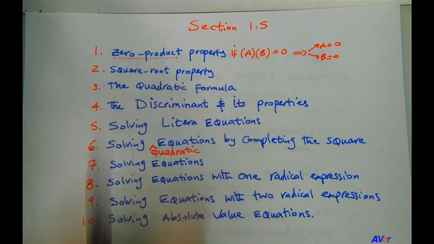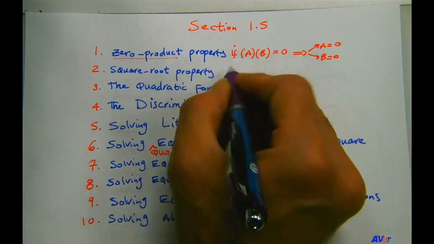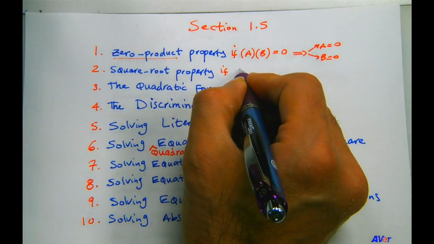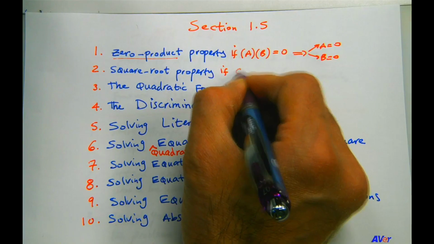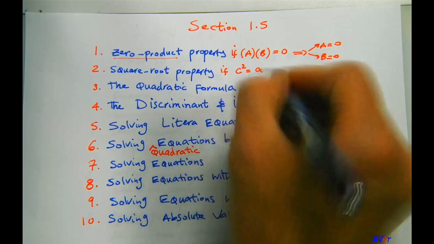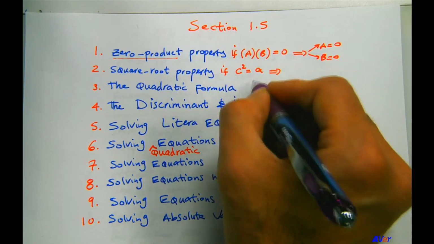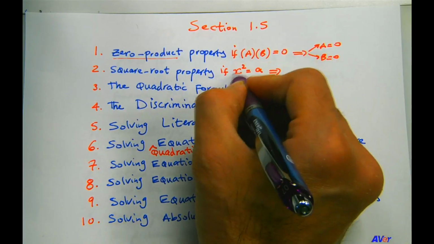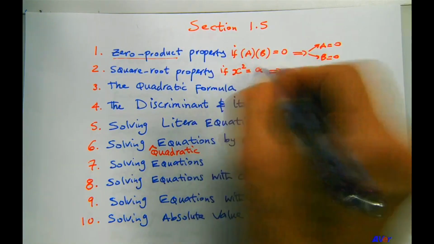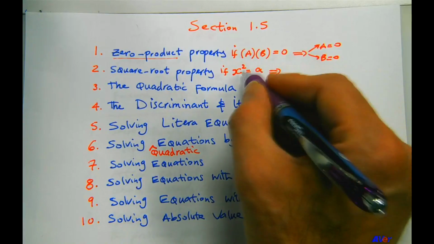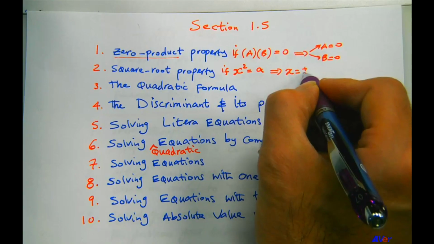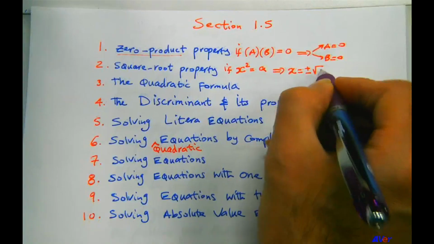The square root property is another very useful property. It says that if you have x squared equals a, then when you take the square root of both sides to solve for x, you will get x equals plus and minus square root of a.